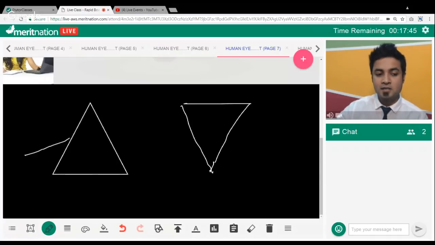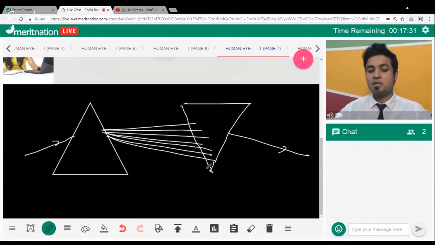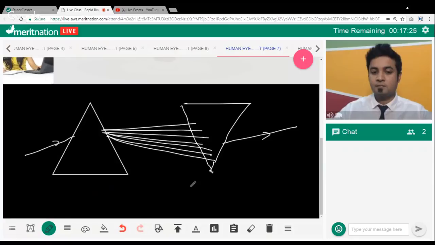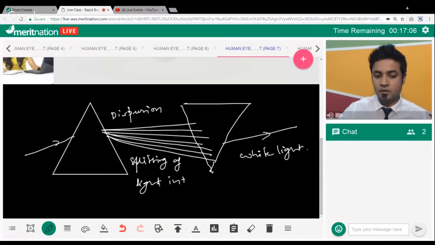So if white light is coming, it is going to disperse into 7 colors, and again it is coming out as white light. This is the dispersion, or you can say splitting of light into 7 colors.